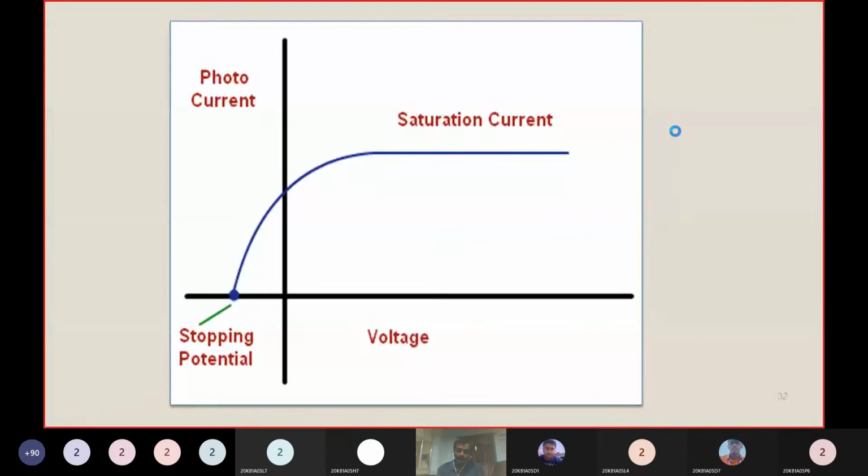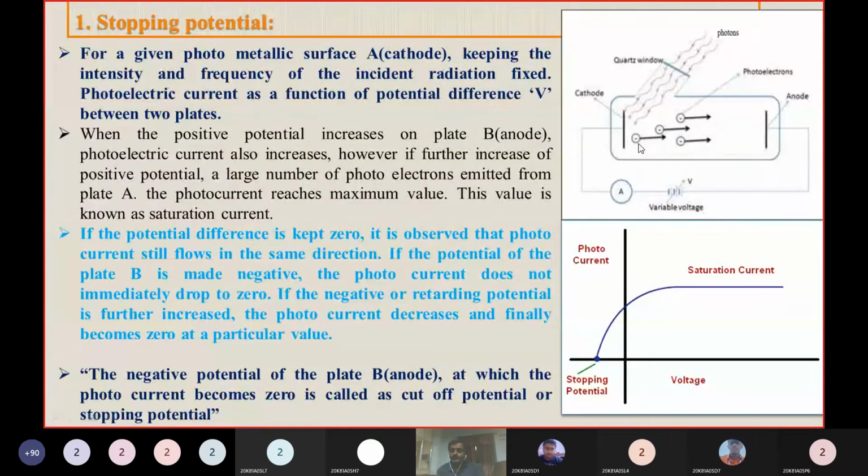So if the electron's kinetic energy is greater than the applied potential difference, the electron reaches from this plate to that plate. Whenever the applied potential difference equals the kinetic energy of the electron, the electron doesn't reach the plate, because the electron is negative and this plate is positive.